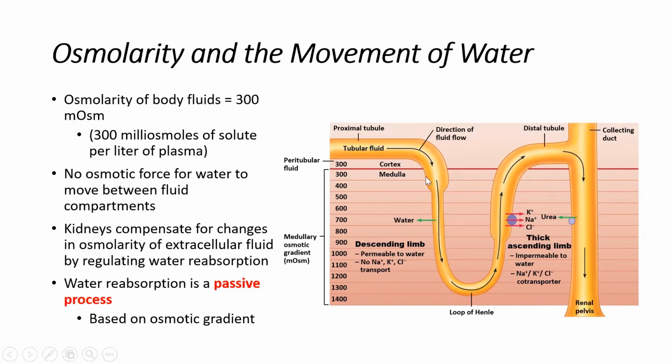And so what we do is we set up a gradient in order for that water to follow. Okay, and so what ends up happening is we end up having this medullary osmotic gradient. So the further down into the medulla we go, so going from cortex out here to medulla down here, we end up creating this gradient.